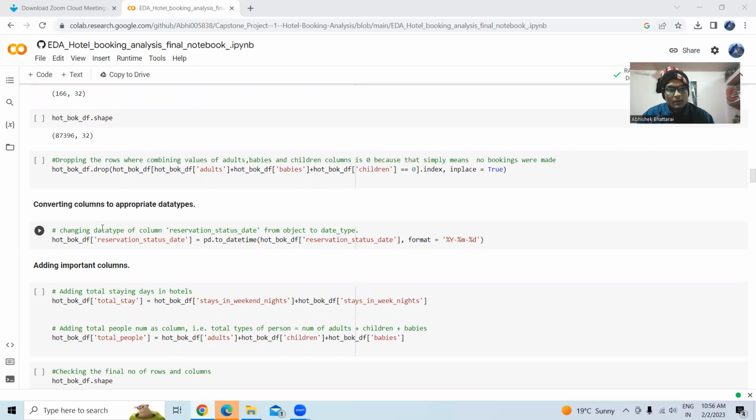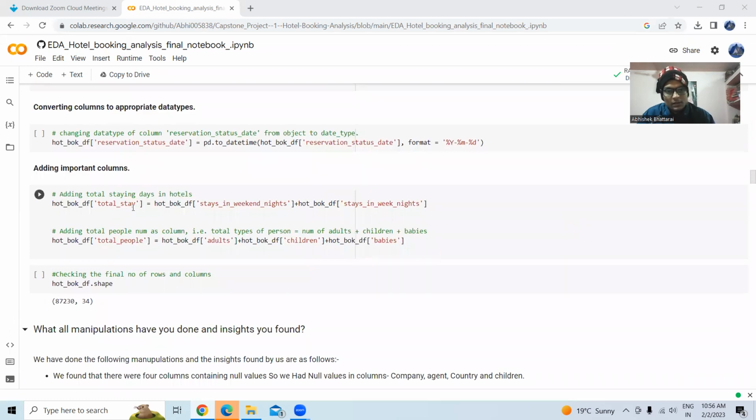Here we are converting columns to appropriate data types. For example, reservation status date needs to be converted into datetime format, because we are dealing with dates. Then we have added some important columns: total stay, which is stays in weekend nights plus stays in week nights, and total people, which is the addition of adults, children, and babies.